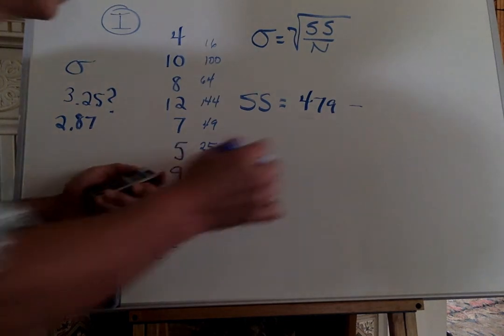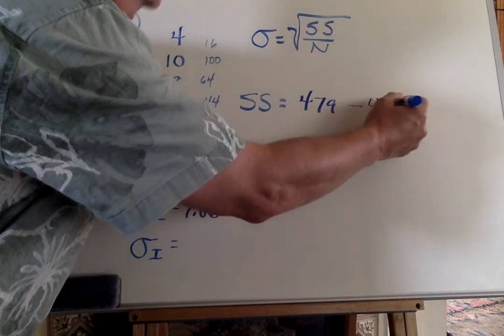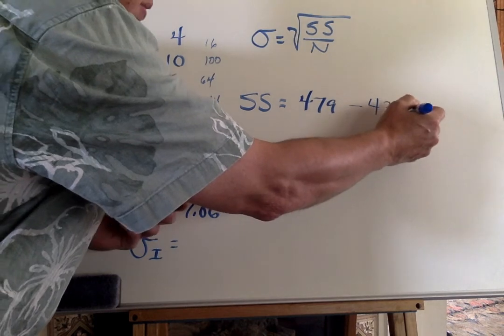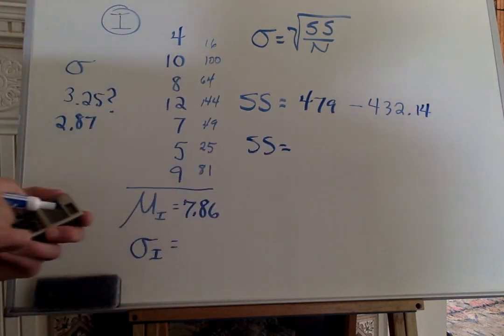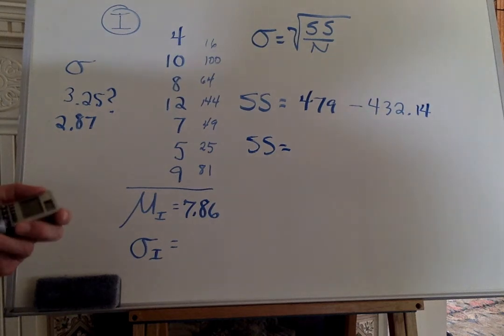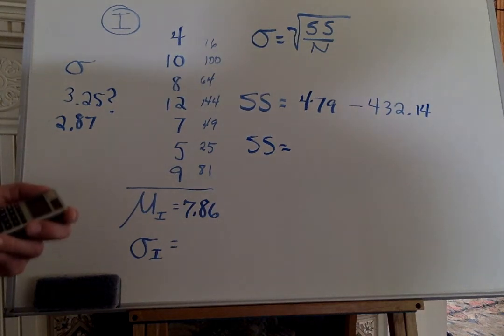I'm going to be very careful. That is 432.14. Okay. My sum of squares is equal to 479 minus 432.14.